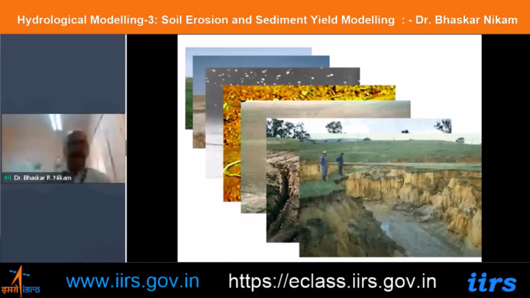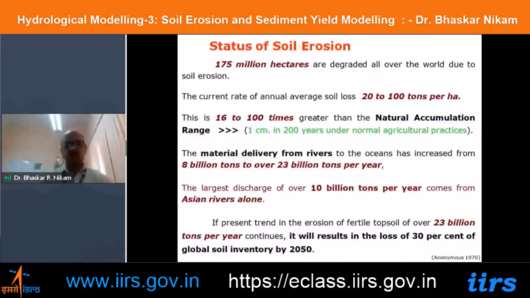Now, just to keep things in perspective, what is the status of soil erosion globally? As you can see, globally around 23 billion tons per year of material is delivered by the global rivers to the ocean.